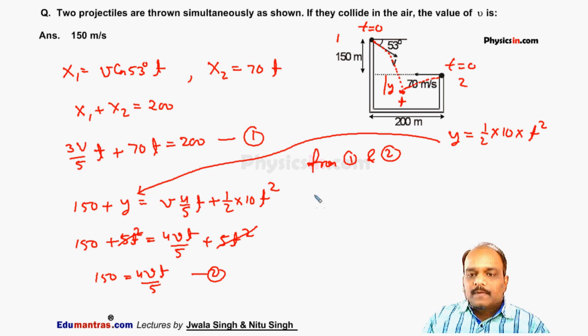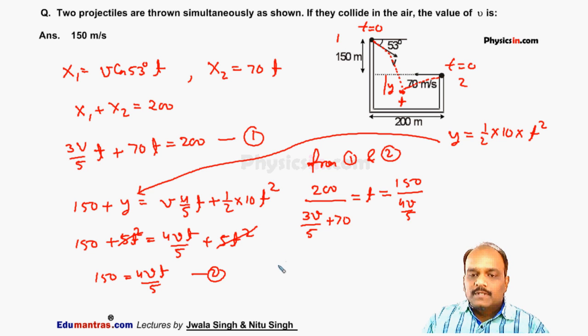We can say t is 200 divided by 3v by 5 plus 70. This is the value of time from the first expression, which is also equal to 150 divided by 4v by 5.